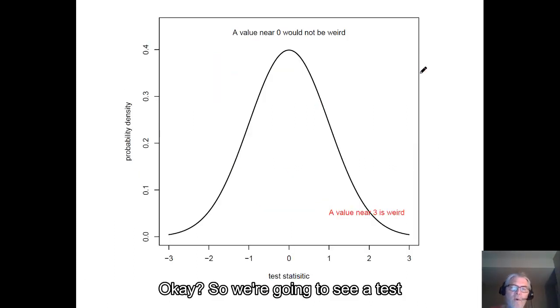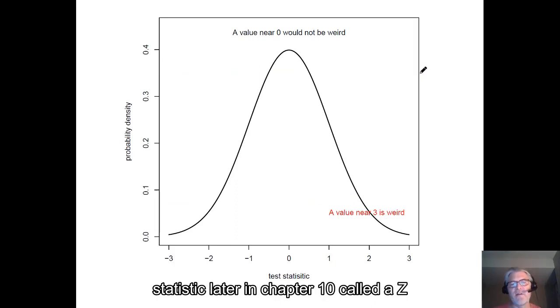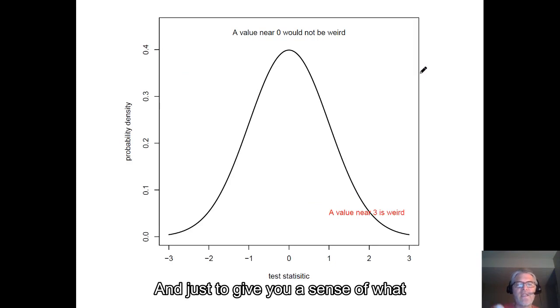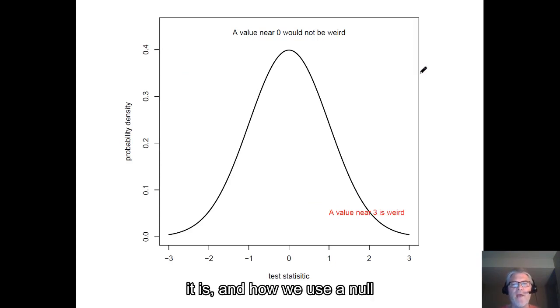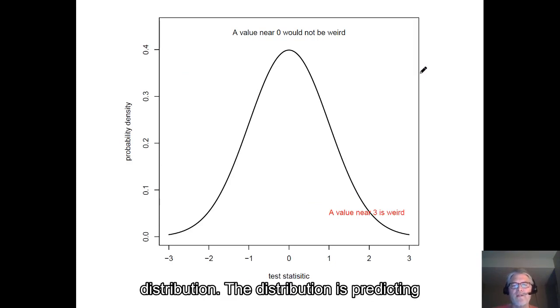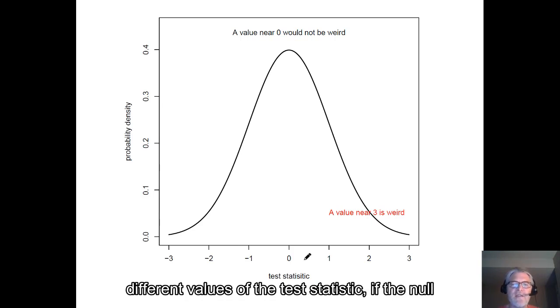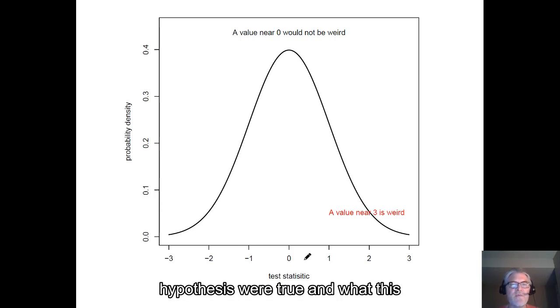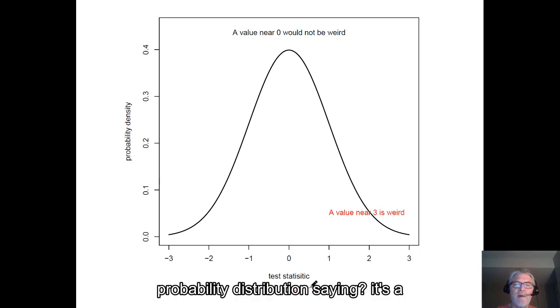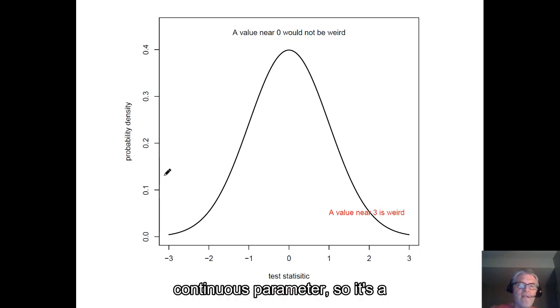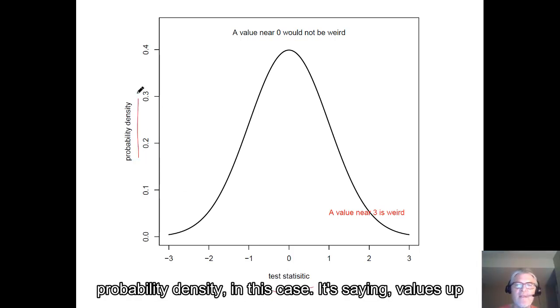Okay, so we're going to see a test statistic later in Chapter 10 called a z-statistic. This is the null distribution of that z-statistic, just to give you a sense of how we use a null distribution. The null distribution is predicting different values of the test statistic if the null hypothesis were true. And what this probability distribution is saying, it's a continuous parameter, so it's a probability density in this case.